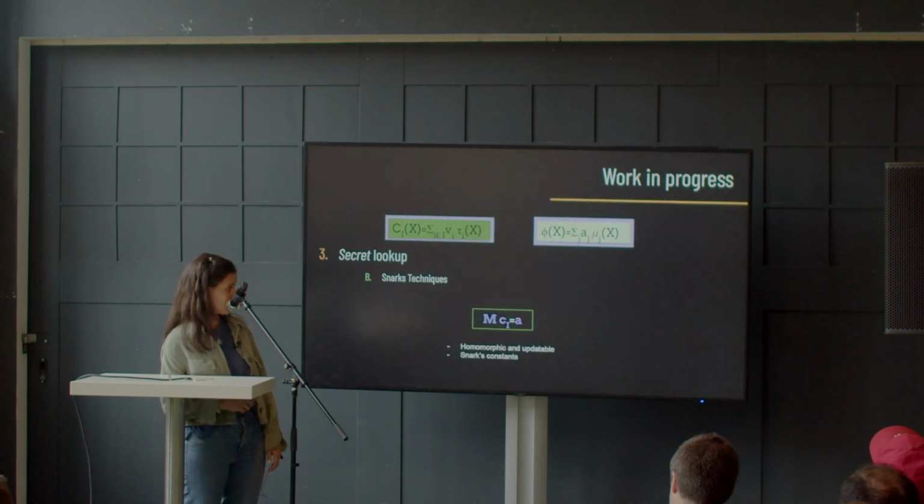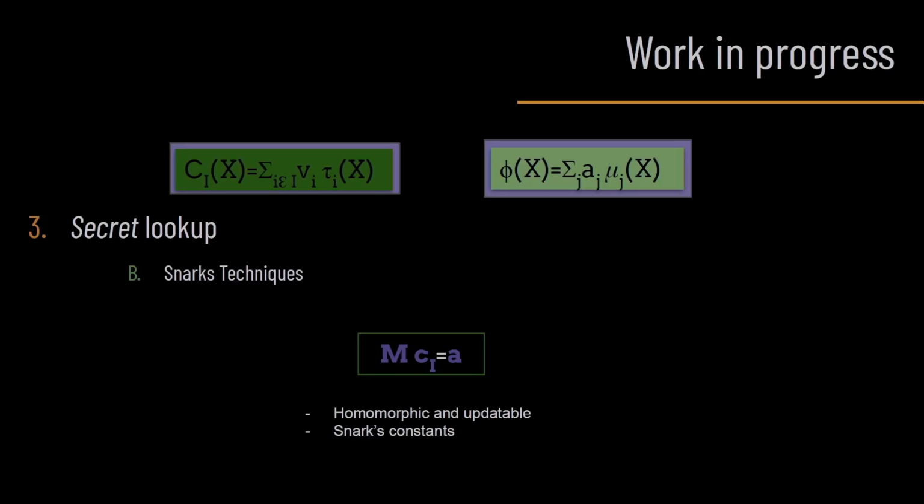But now the challenge is to keep secret as well the matrix. Because the matrix is what will select which elements of C are going to be in A. This approach has homomorphic and updatable commitments, so that's nice. But of course, it's a snark technique, so it has the bad snark concepts.